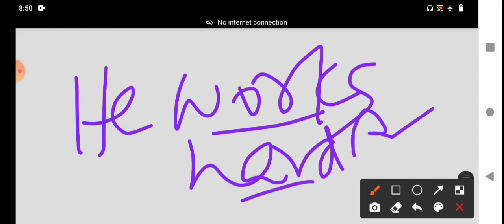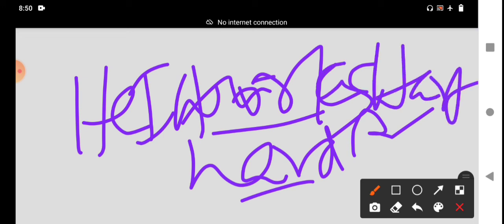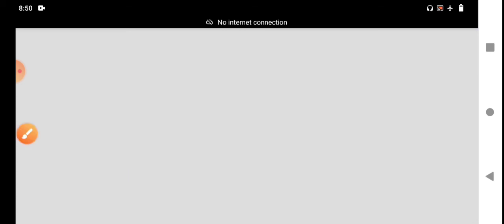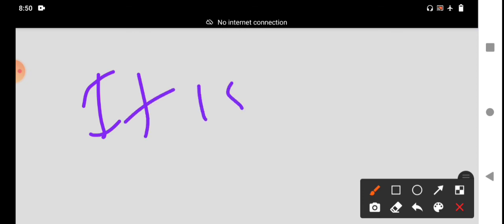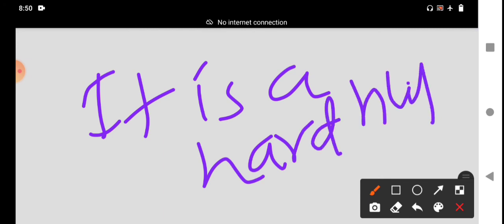And it is a hard nut, N-U-T. It comes before a noun and qualifies the noun.